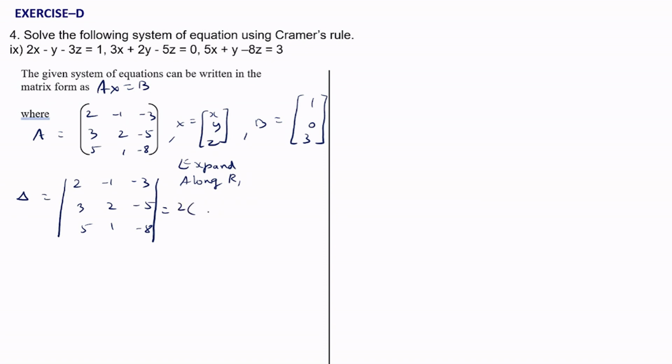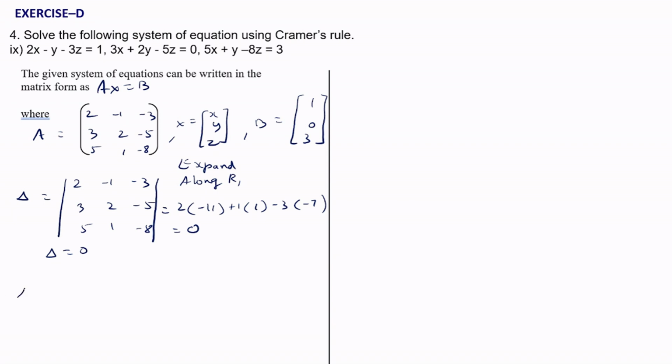It is 2 into (minus 16 plus 5, minus 11), plus 1 into (minus 24 plus 25, 1), minus 3 into (3 minus 10, minus 7). So this is minus 22 plus 1 minus 21, plus 21, which is 0. So we got delta as 0.